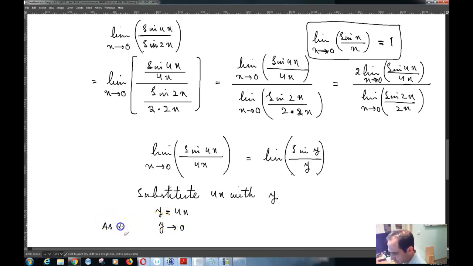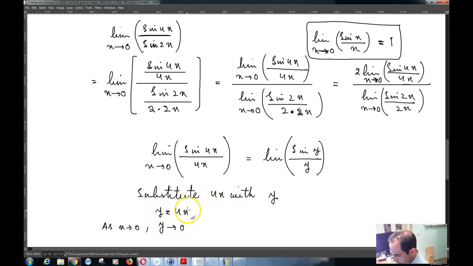As x tends to 0, then y tends to 0, because they have a direct relationship. But of course you need to be careful in these cases.